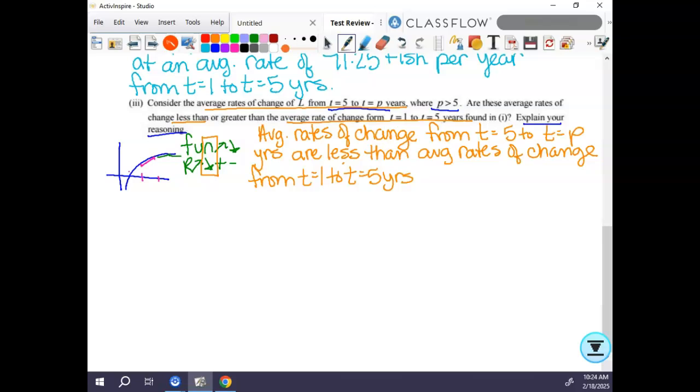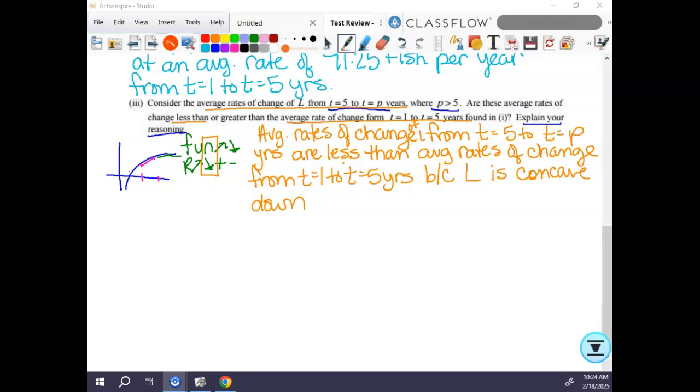And then I'm going to say because I should say average rates of change of L. Because L is concave down. Now, is L always concave down?